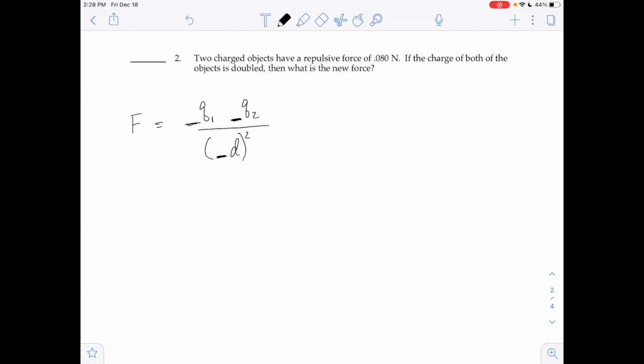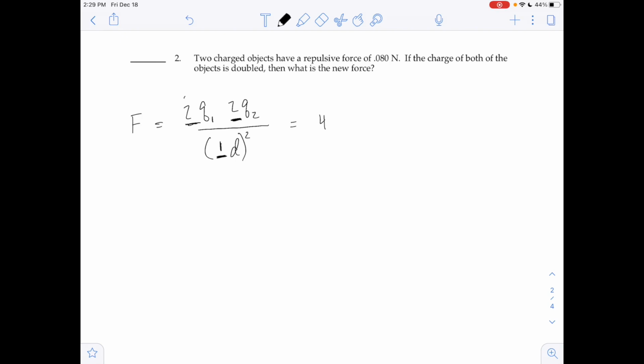Okay, and we're multiplying distance possibly by something. Okay, and then what you do is we're going to read through that problem, and here it says that the charge on both objects is doubled. So that means that we're going to double Q1 and double Q2, and we're not changing the distance at all, so you can just get rid of that blank spot or put a 1 because a 1 doesn't change anything.